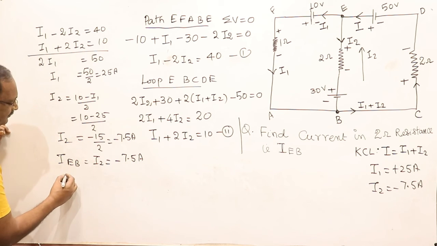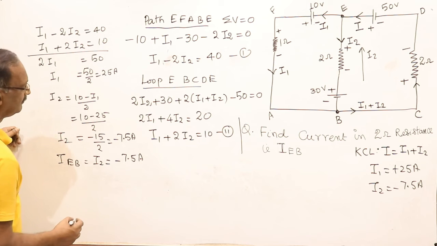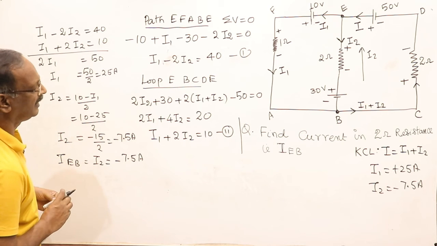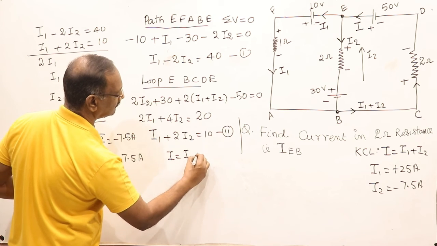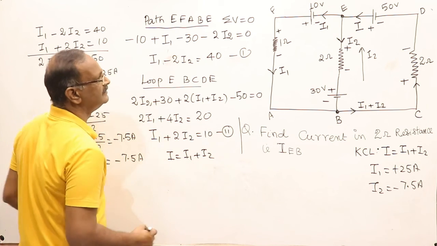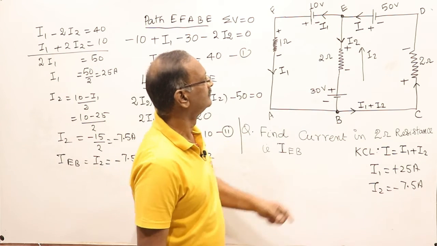And I1 plus I2, what is I1 plus I2? I1 plus I2 is this current, this is I. Let us check.